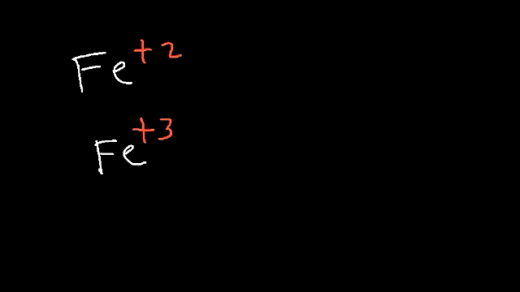Now let's try some other examples with transition metals. Many transition metals contain variable charges. For example, iron can be in the +2 state or the +3 oxidation state. Copper, for example, has 2 common charges, +1 and +2.